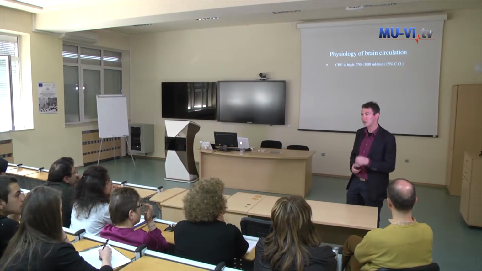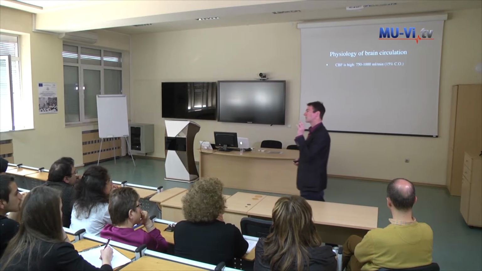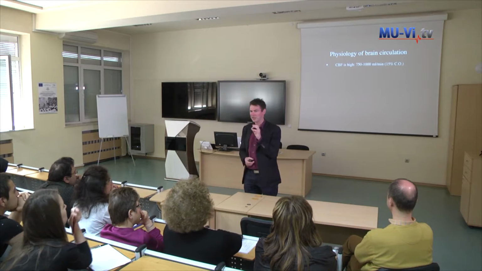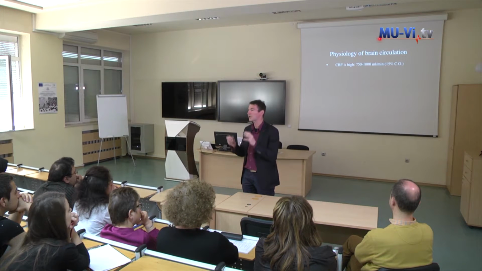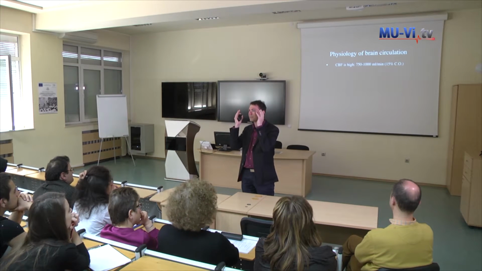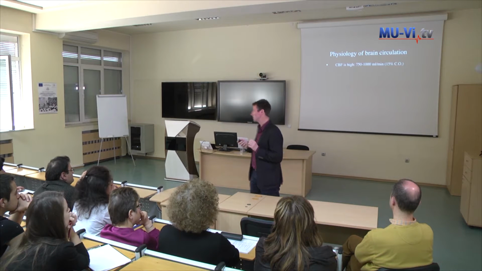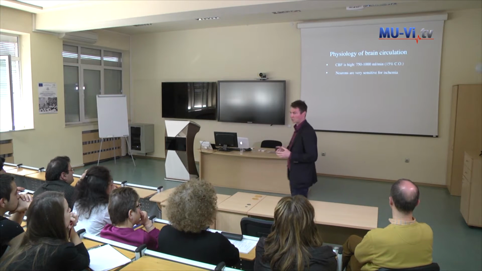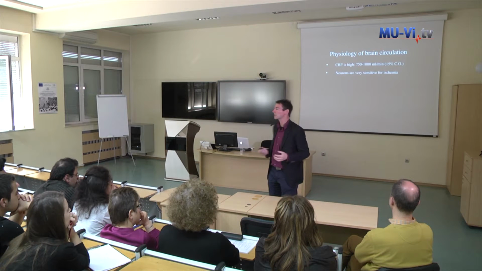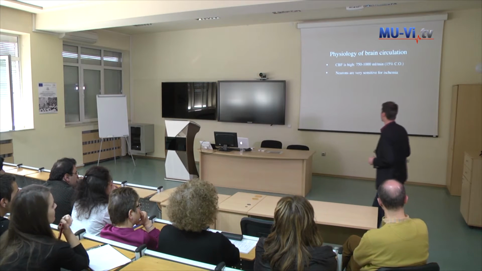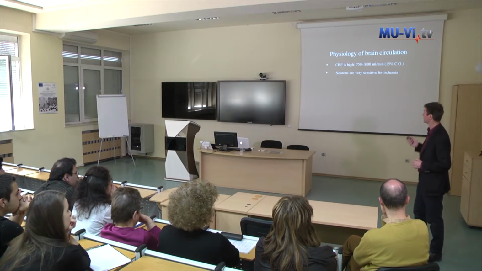And that's a lot, especially if you consider that the brain weighs only 2% of our body weight. So a lot of blood is going to our brain. Our neurons need it because they cannot store glucose, they need a fresh supply all the time, and they need a lot of oxygen, and they are moreover very sensitive to ischemia.